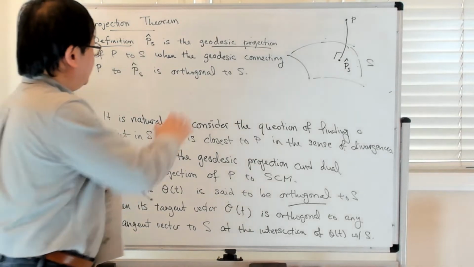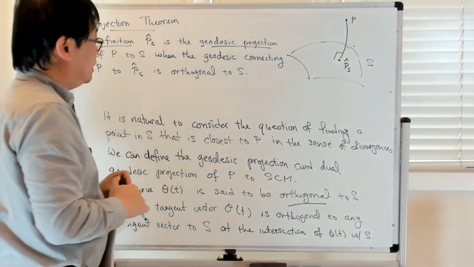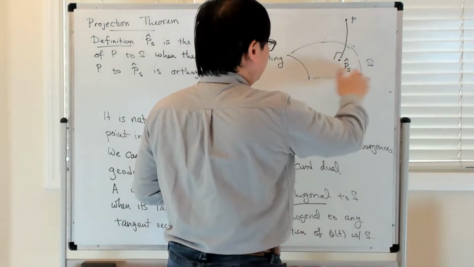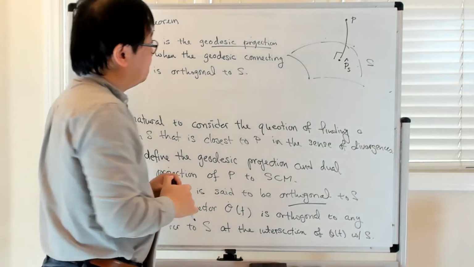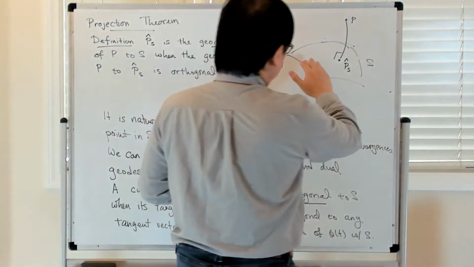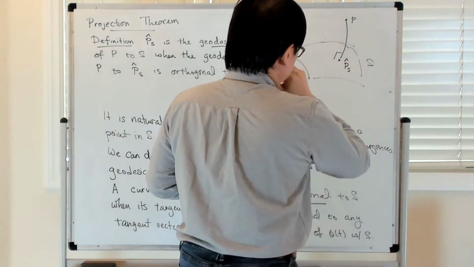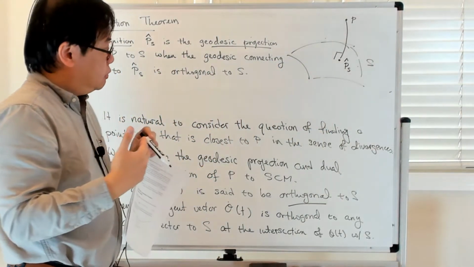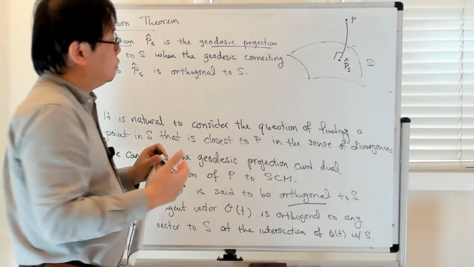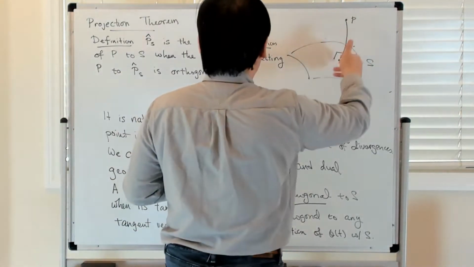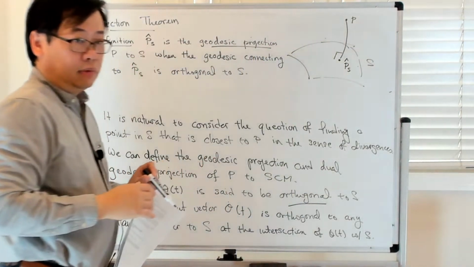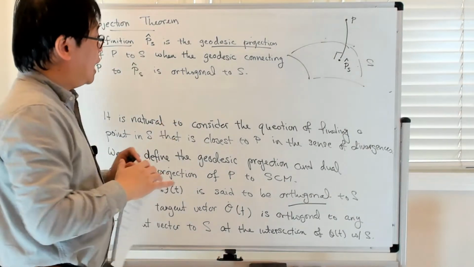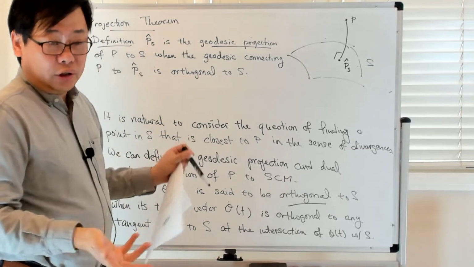So when I define this geodesic projection this way, what I'm really doing is using this notion of orthogonality, and in that sense, I'm using essentially the affine connection structure to define what this projection operator is. So it's related to this notion of straight lines not changing directions.